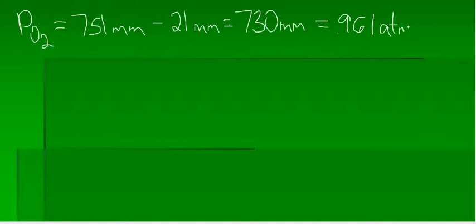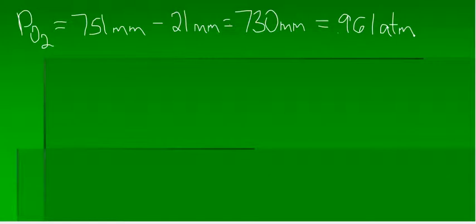We'll just round it to 21. So the pressure of the oxygen, that's what I want, is 730. When you convert that to atmospheres, you divide by 760, because we're going to use the ideal gas law, 0.961. There's really the only correction that you have to make when something is collected over water.